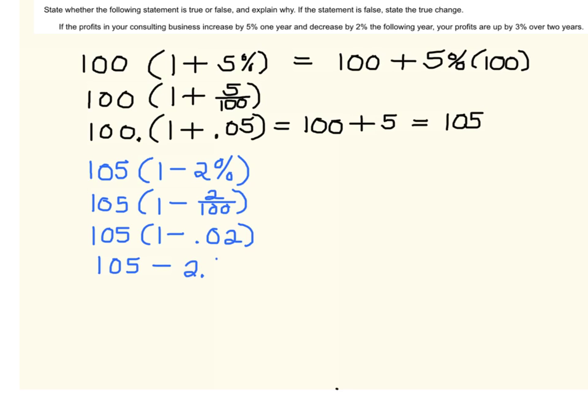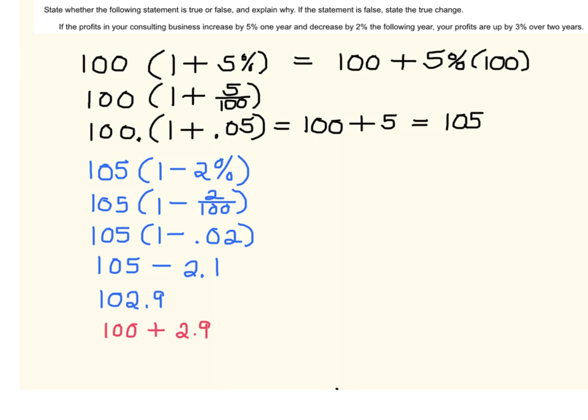And now if we subtract 105 minus 2.1, we get 102.9. And if we want to think about what that is equal to, 102.9 is equal to 100 plus 2.9.